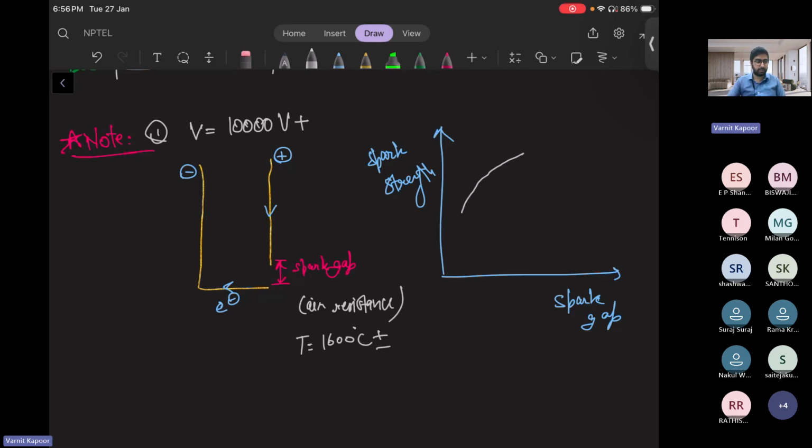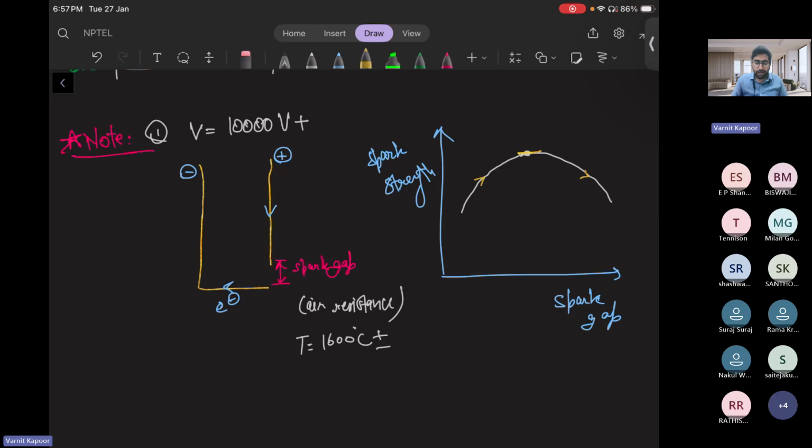But after reaching a maximum, the spark strength decreases. So with increasing spark gap you can achieve a higher spark strength, but after that it will deteriorate. There is a limit to the spark gap you can apply to achieve a spark strength.